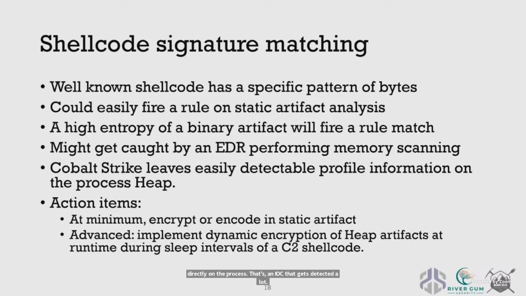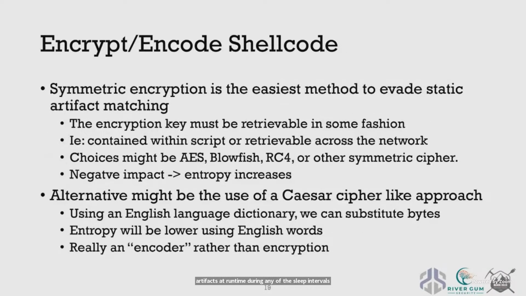So, at minimum, we need to encrypt or encode our shellcode in the static artifact. If you're more advanced and have the ability to modify shellcode, what's going on today more often is that we have dynamic encryption of heap artifacts at runtime during any of the sleep intervals of the C2 shellcode. That's a more sophisticated technique.